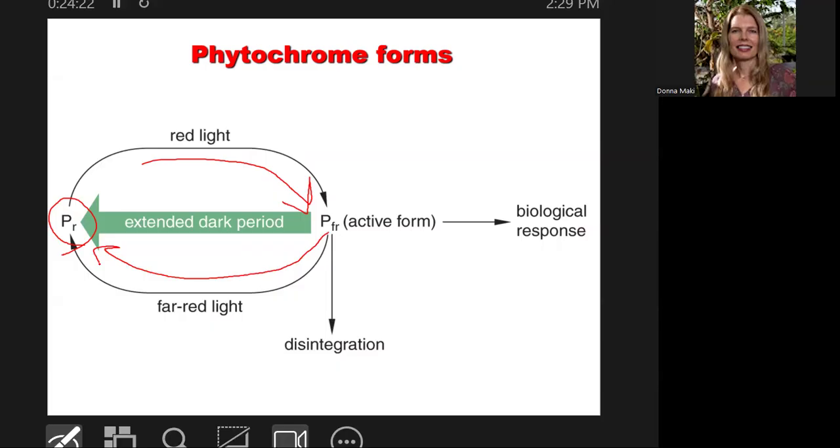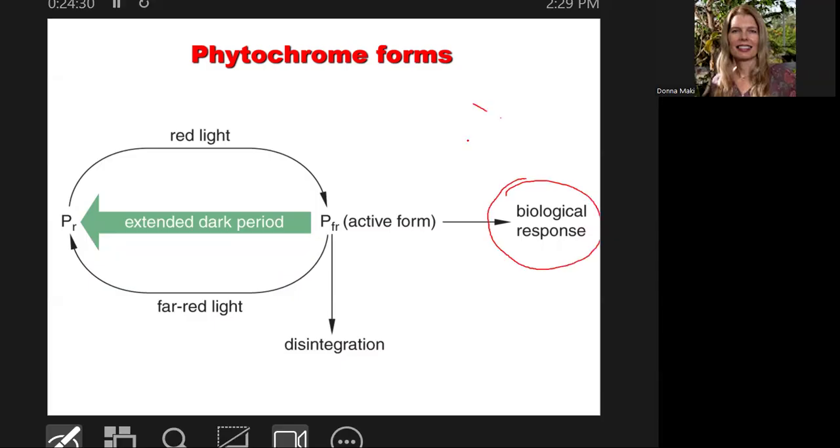Well, on this slide, when they think about a biological response, often it has to do with flowering. Initially, when they discovered phytochromes, they were really interested in how a plant knows when it's time to flower.